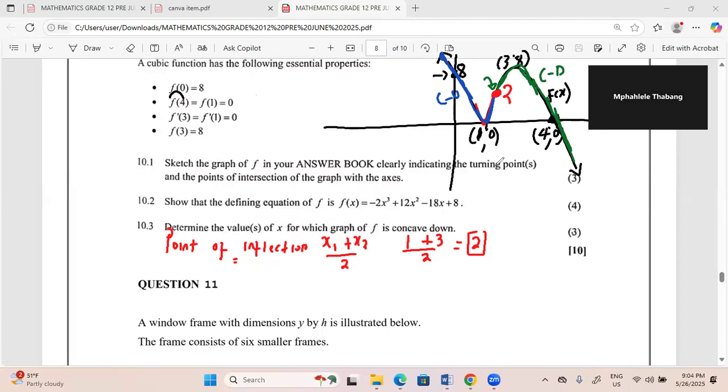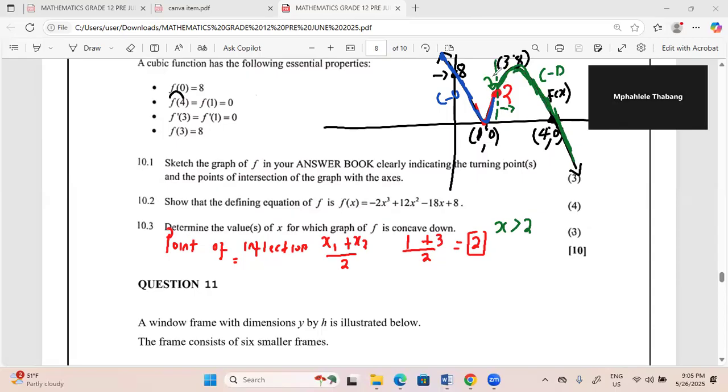So the question says, determine the values of x for which the graph of f is concave down. f is concave down whenever x is greater than 2. So if you look at these two, on the right side of the 2, the graph is concave down.